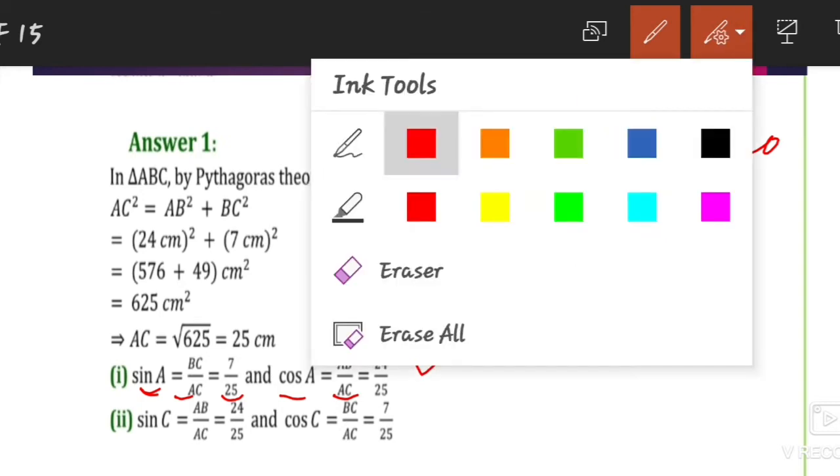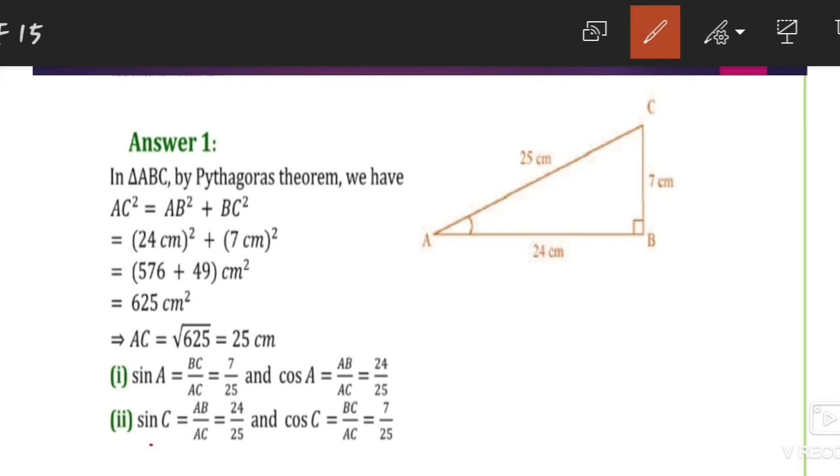Now, similarly, when you are discussing sin C and cos C, you have to take C as acute angle. Whenever you are taking C as acute angle, then AB will become the opposite side and BC will become the adjacent side, right? So for sin C the formula is same.